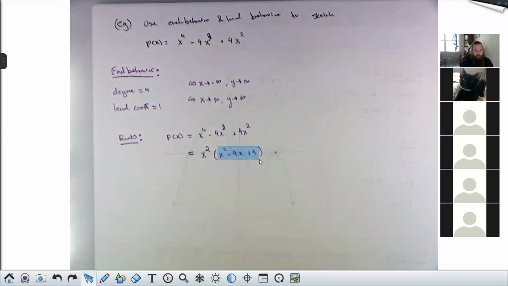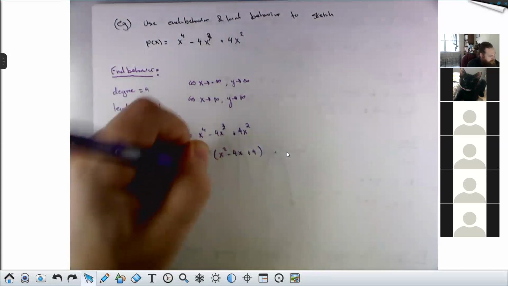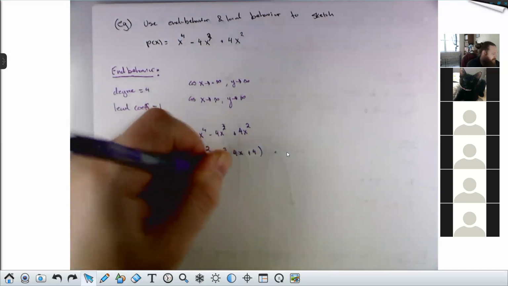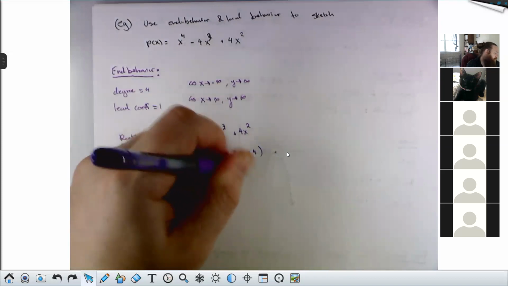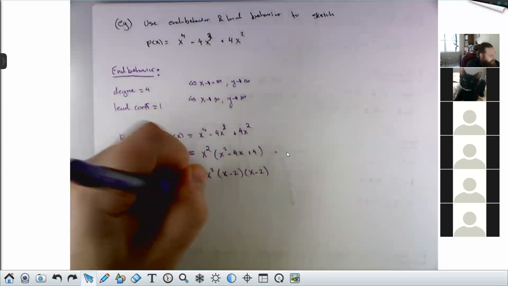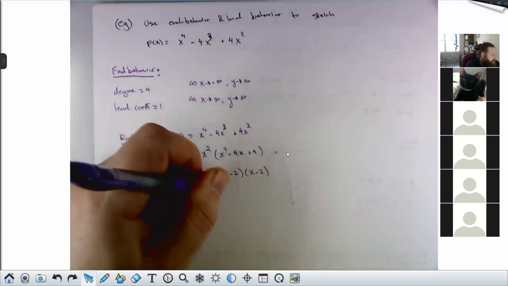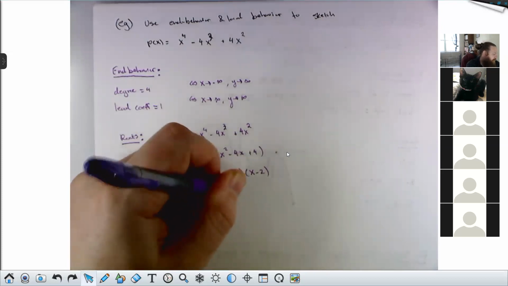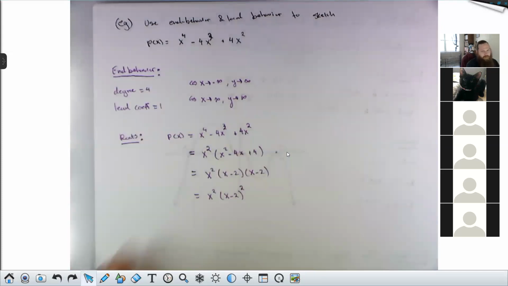We talked about this on Tuesday. Looking for two numbers that multiply to positive 4 and add up to negative 4. Those are? Negative 2. Good. So this is x minus 2 times x minus 2. So the fully factored form here is x squared times x minus 2 squared. I just got 2's all over the place.